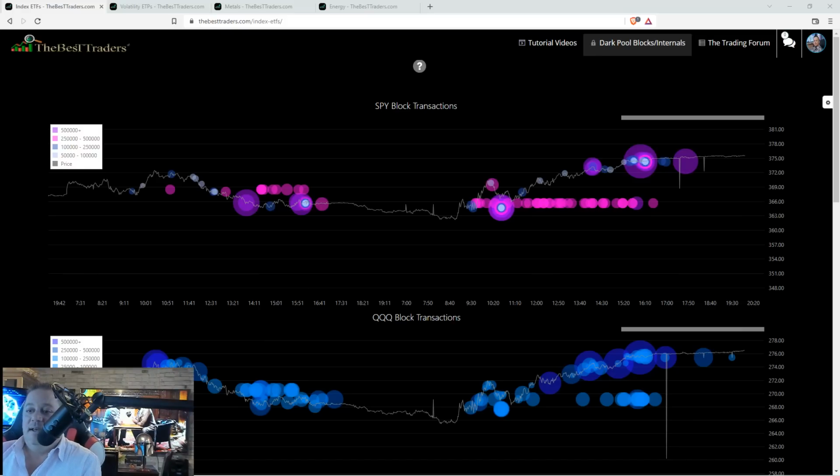It keeps the price stable and takes care of liquidity issues. So I can see why dark pools are getting bigger every year. Like I said, every single year it's drastically going higher and higher.